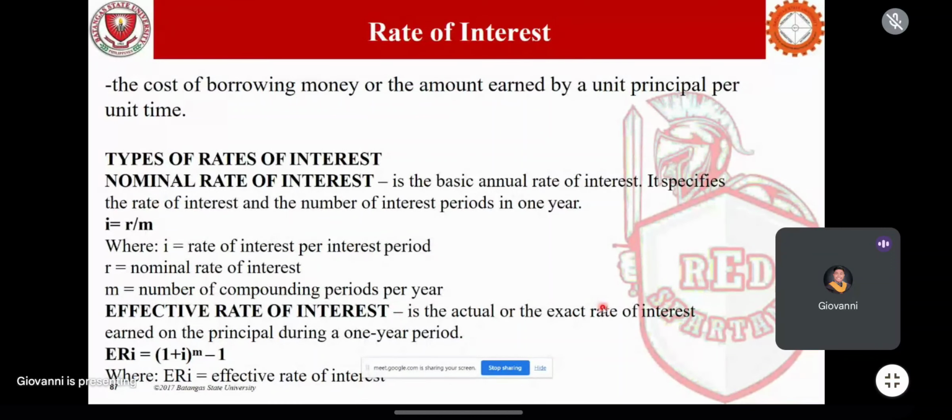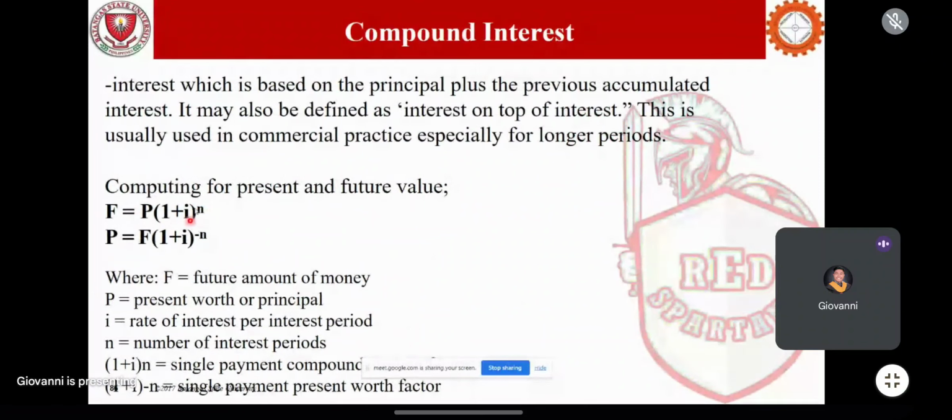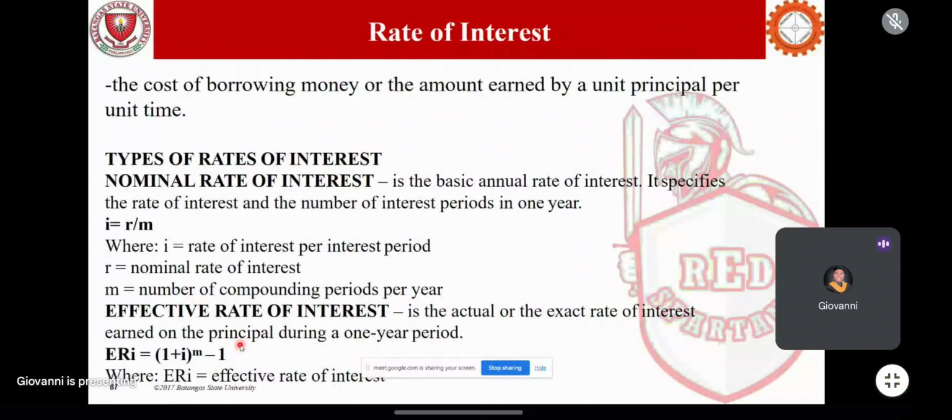The effective rate of interest naman is the actual or the exact rate of interest earned on the principal during a 1 year period. So, ERI is equals to (1 plus i) raised to m minus 1. Diba ang given natin ay raised to n daw, ang ating F and ating P. Ngayon, for ERI, ibig sabihin lang natin ngayon, lahat ng values natin, basta meron siyang kasamang compounding period, kailangan natin siyang ilagay ngayon sa ating M. So, siya ay naka-raise sa n times m.